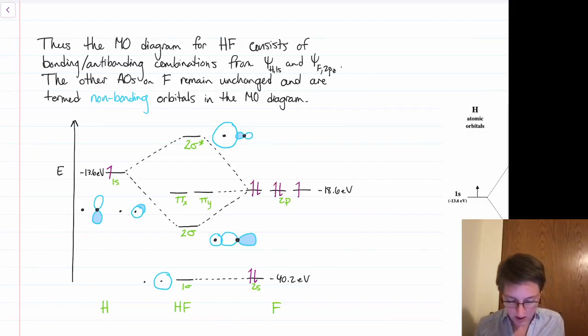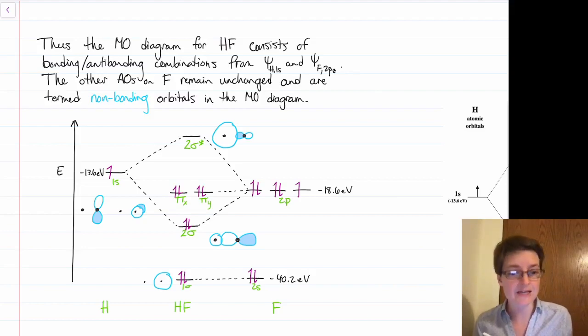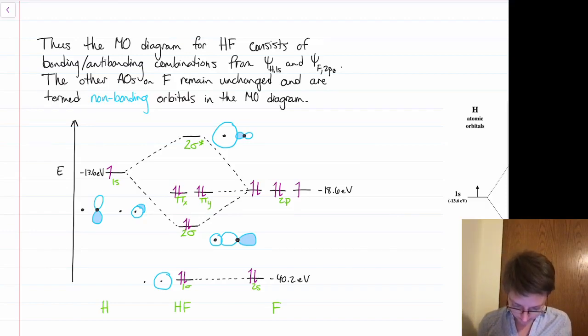And so in total, our molecular orbitals will have a total of 8 electrons between them. 2, 4, 6, 8. And so what we can see is that in hydrogen fluoride, we have a bond formed between our H and F, and we have some electron density present on these non-bonding orbitals.